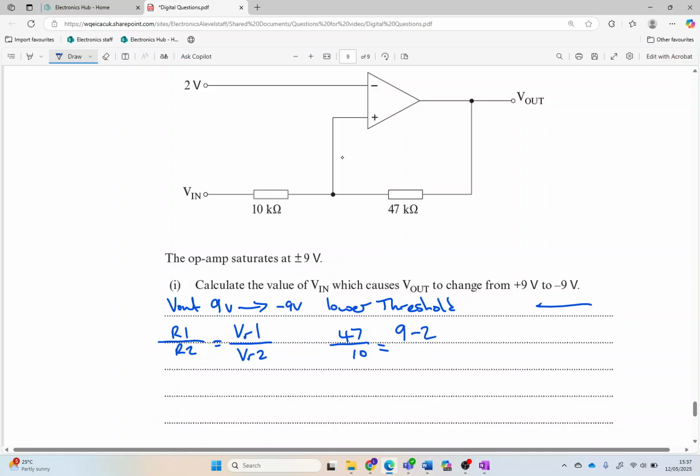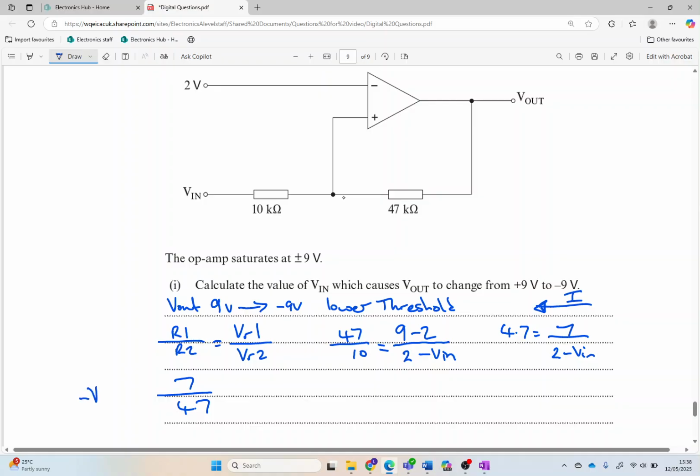Just to remind ourselves, I didn't draw it in, that current is going that way, which helped me to do my numbers, over 2 volts minus V in. So doing a little bit of tidying up, I've got 4.7 is equal to 7 over 2 minus V in. A little bit more tidying up, so 7 over 4.7 would equal 2 minus V in.